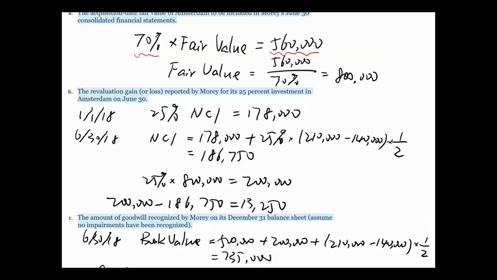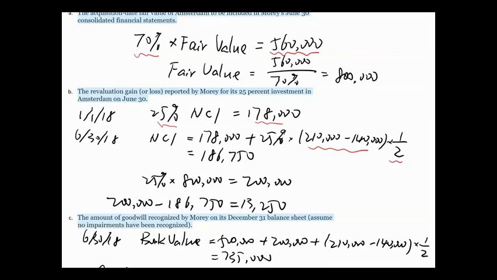On January 1st, 2018, Maury paid $178,000 for 25% of the non-controlling interest. So $178,000 is going to be the balance for the investment. And during this half year, the balance is increased by its net income earned during that period. Because it only has half a year, that's why we times 1/2.